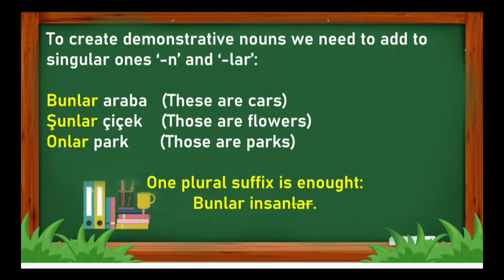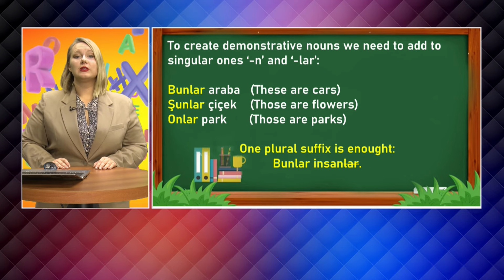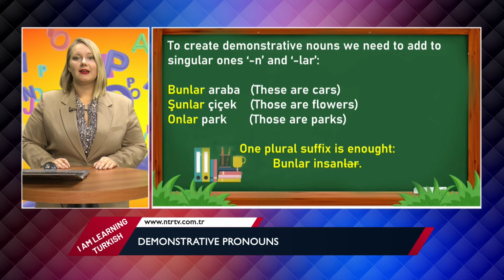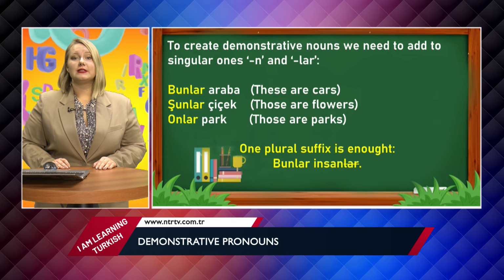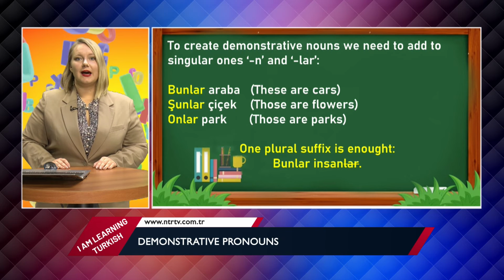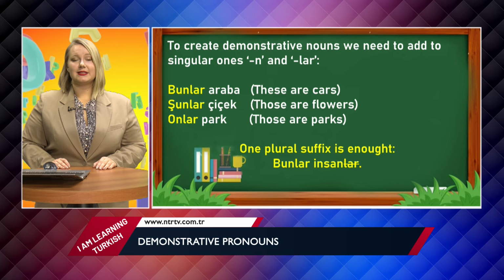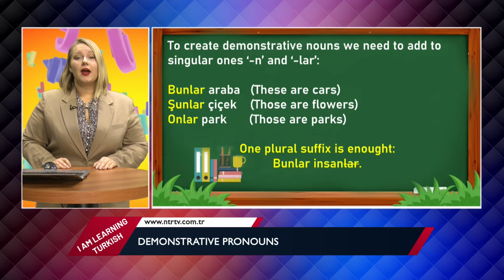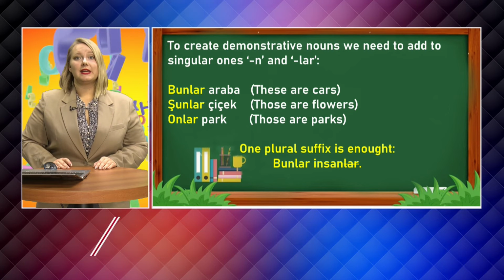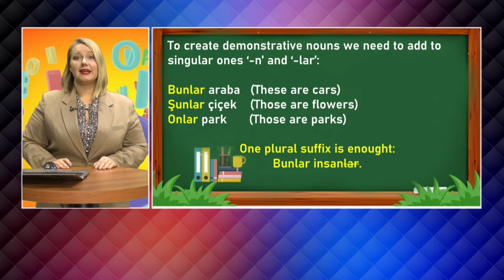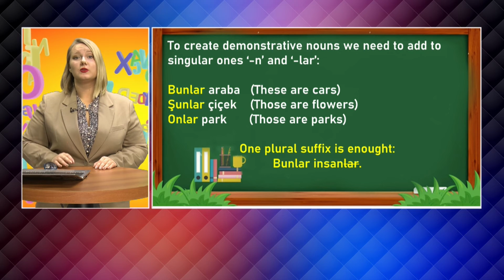These are cars. Şunlar çiçek. Those are flowers. Or onlar park. Those are parks. As you see, we are not using bir here, as in English, because we can't use a or an in English with plurals.